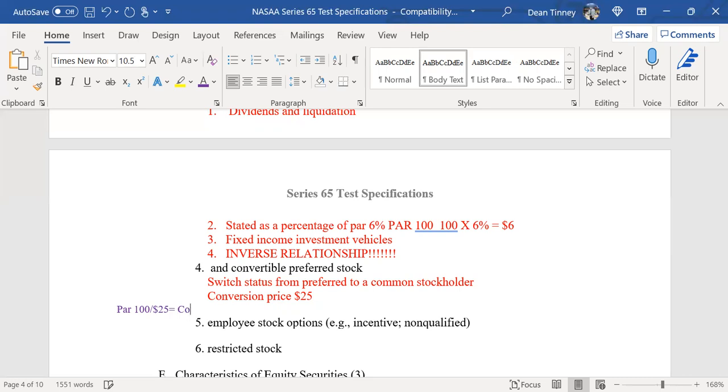So in this example, the conversion ratio is 4 shares. And so that means, if we choose to, we can, the word for this is tender, tender our preferred stock, and for each share of preferred stock, get 4 shares of the common. So the conversion ratio is 4 shares in the common for every share that we have of preferred stock.